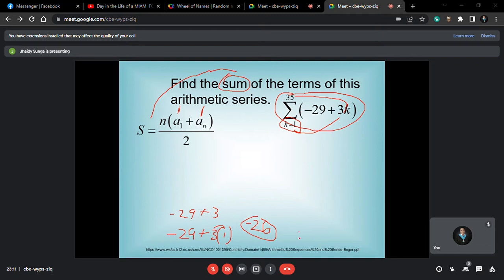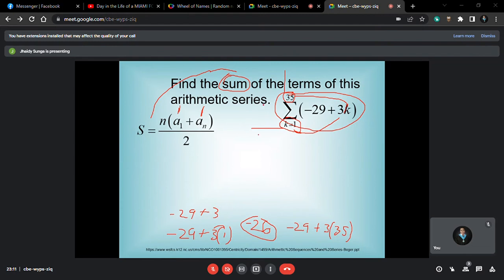So if we substitute that, we have negative 29 plus 3 times, we substitute 35 to k, so it will be 35. Why is it 35? Because we are finding the last term. If you are to find the last term, it's above the sigma. If we find the first term, it is below the sigma.